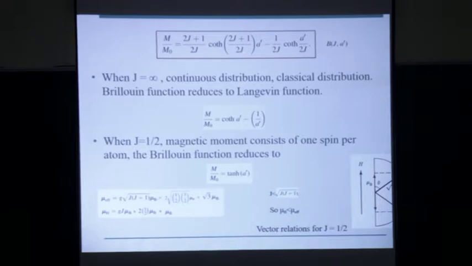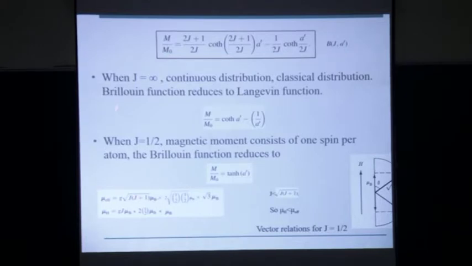So you can show that this term will just become 1, and this term will become minus 1 by a prime. You can just go through the mathematics. Because of lack of time, I am not doing that, but essentially if you substitute a very large value of J, you can show that it comes to the Langevin function, which it should, correct?